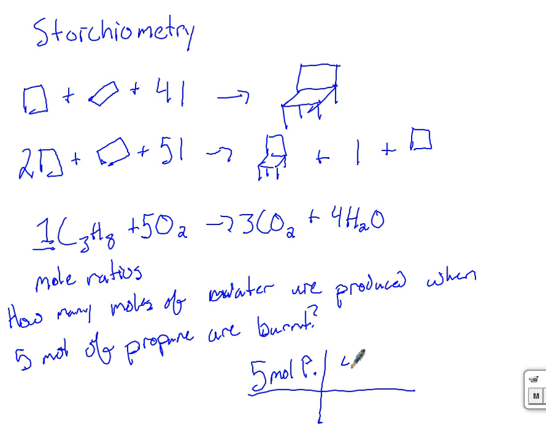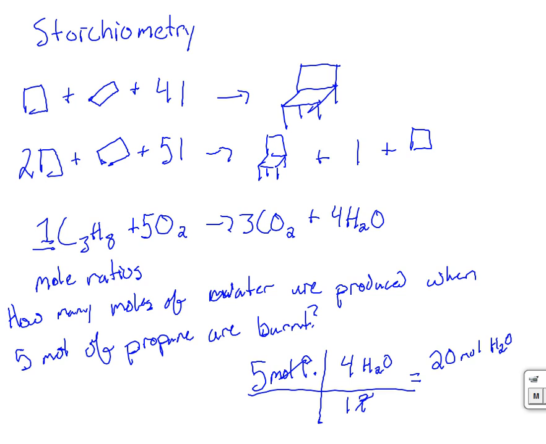So if I set this up for H2O, for every 1 mole of propane, my moles of propane will cancel. I have 4 times 5, and it tells me that I get 20 moles of water produced every time 5 moles of propane is burnt.